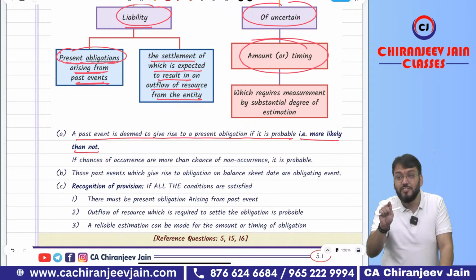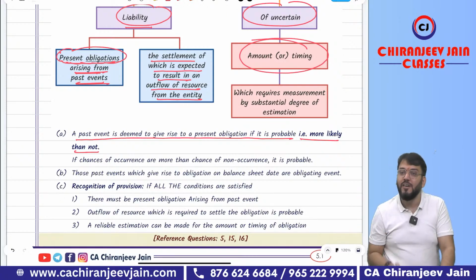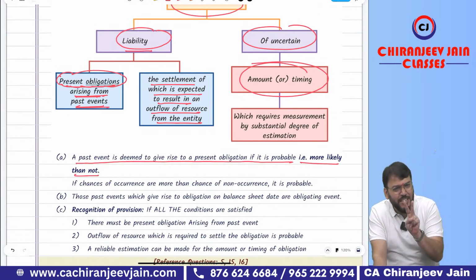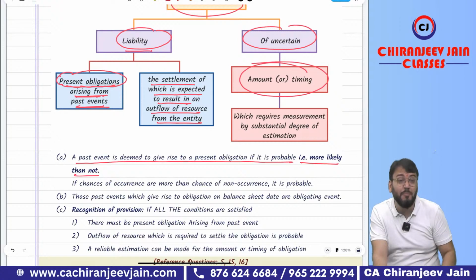This is the meaning of liability. So there are two conditions: present obligation arising from past event, and there should be some outflow of resource.